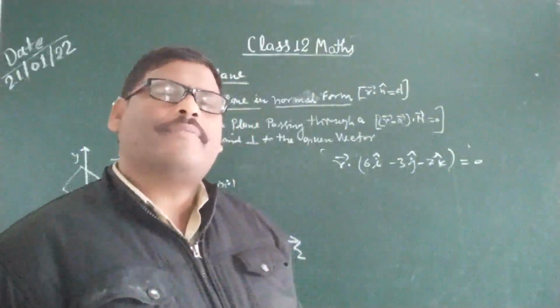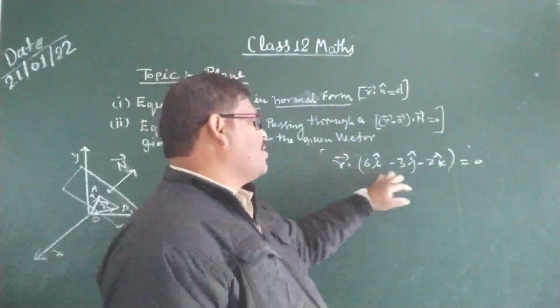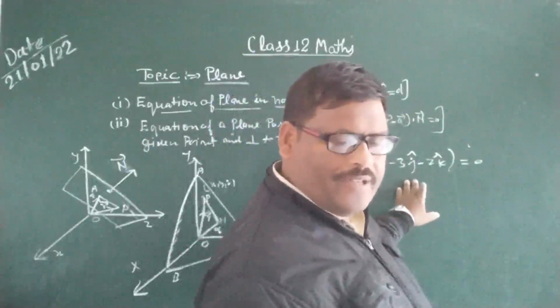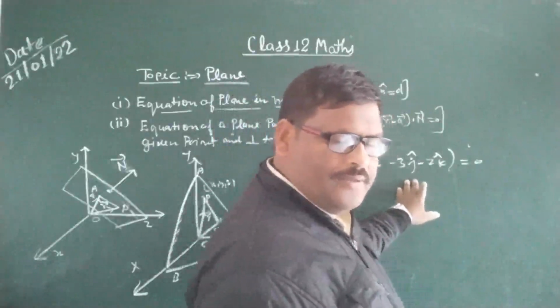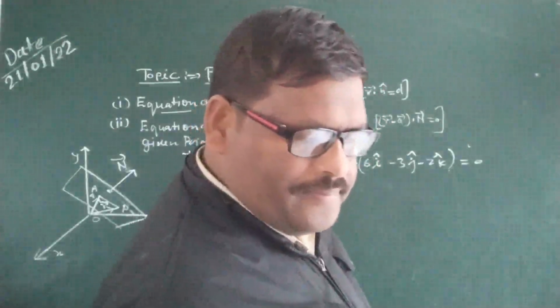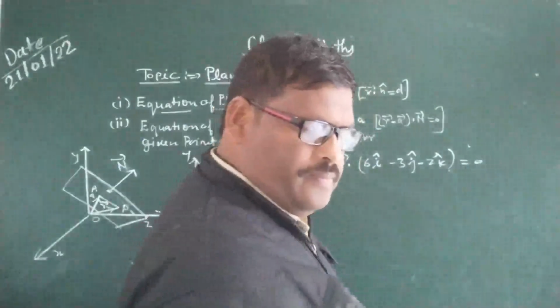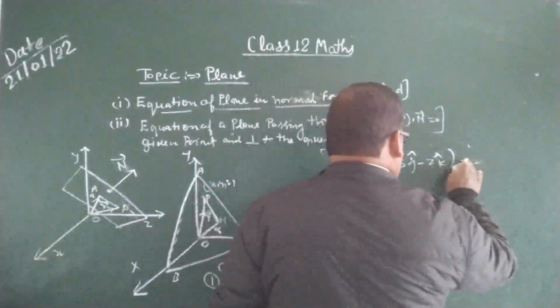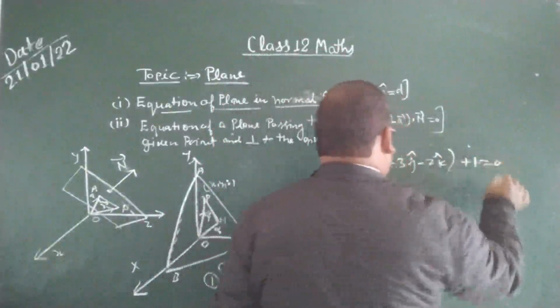First of all, we find the modulus of the given vector n and divide on both sides by it.